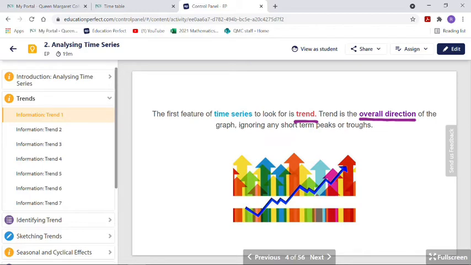Okay, it started out down, and his height was going what? Up. So the general overall trend was that it was going up. Okay, keep it simple. All right, so we're going to look at a few of these. So the overall trend just means the direction of the graph.